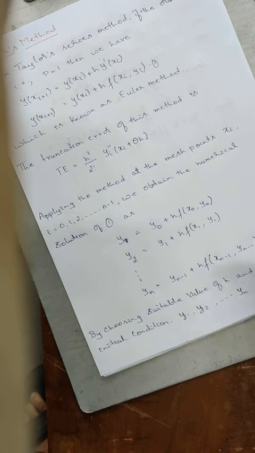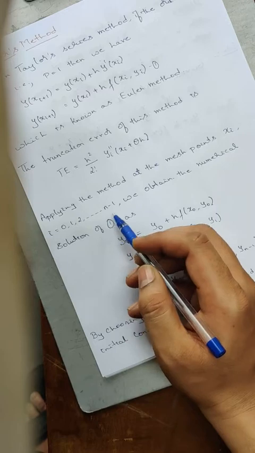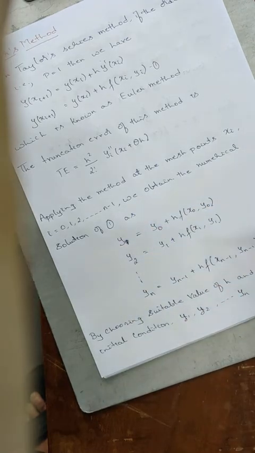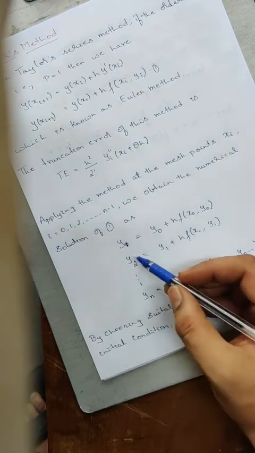So applying this method at the mesh points xi. For i is equal to 0, 1, 2 up to n minus 1, we obtain the numerical solution of this equation 1 as follows, which is y1.